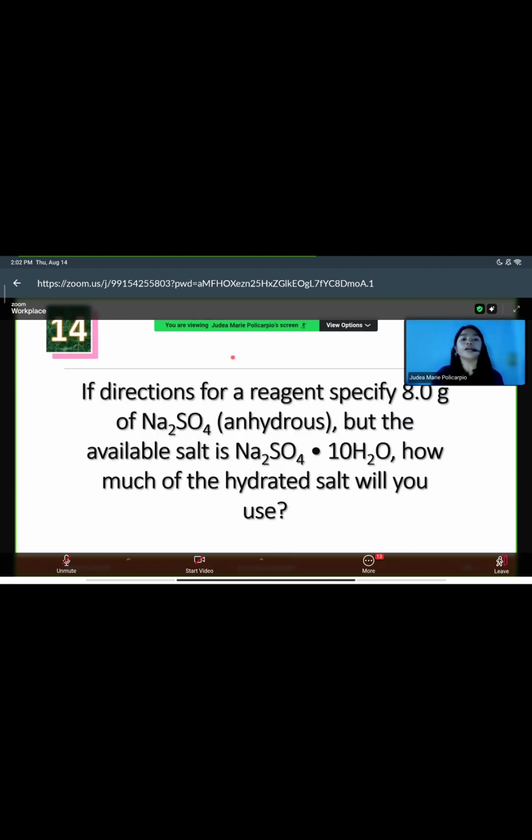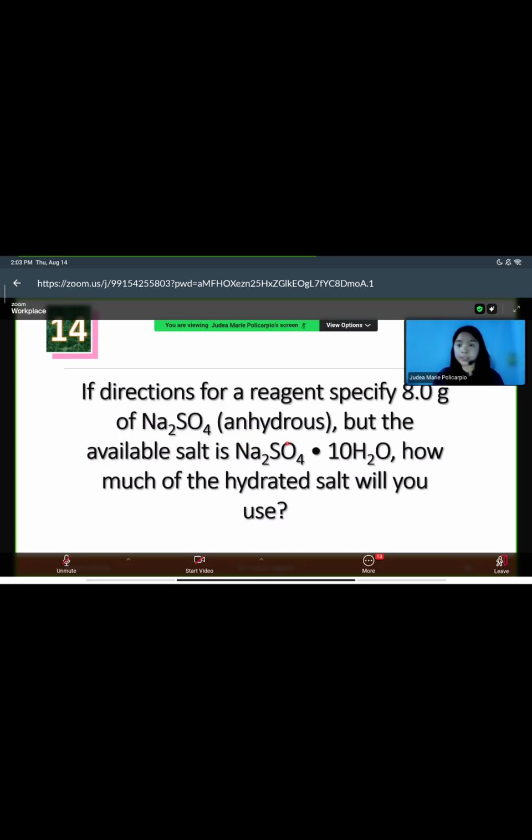Okay? If directions for a reagent specify 8.0 grams ng sodium sulfate na anhydrous, tapos ang available lang daw na salt ay sodium sulfate decahydrate. Okay, so decahydrate meaning meron siyang 10, deca means 10, 10 water na molecule.